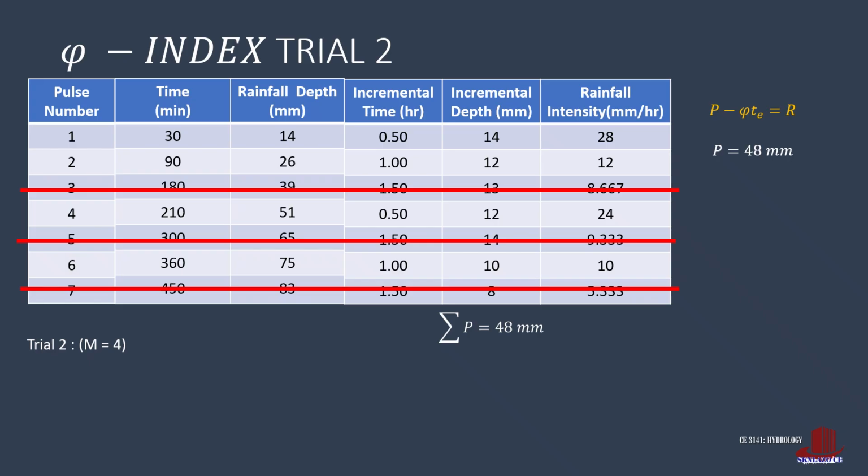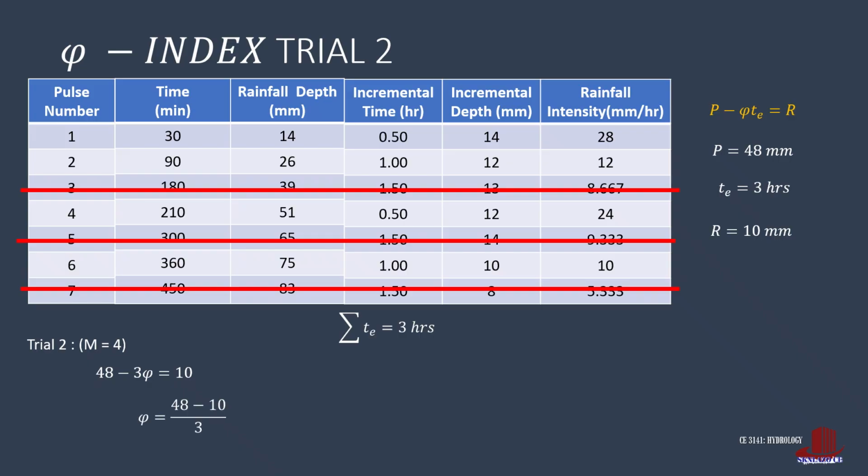Time is also taken as the summation of the incremental time, which is 3 hours. The runoff remains the same as 10 millimeters from the premise. Plug all these into the function, giving 48 minus 3 phi as equal to 10. Phi is then 48 minus 10 all over 3, resulting to 12.67 millimeters per hour.